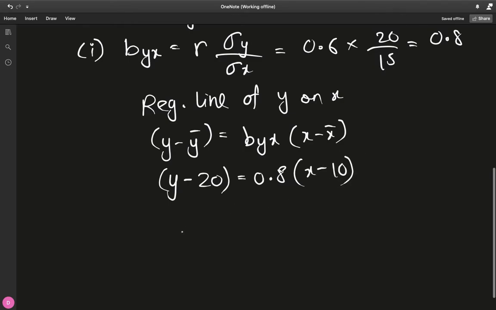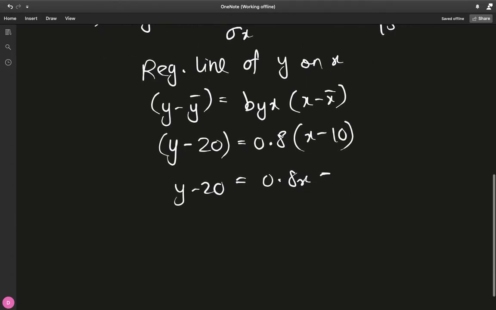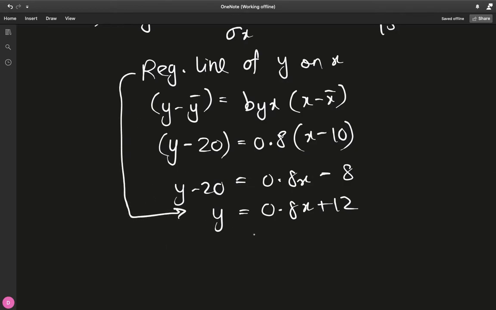So now you can simplify this, 0.8x minus, I believe, 8, and y will therefore be 0.8x plus 12. So that's the regression line of y on x.